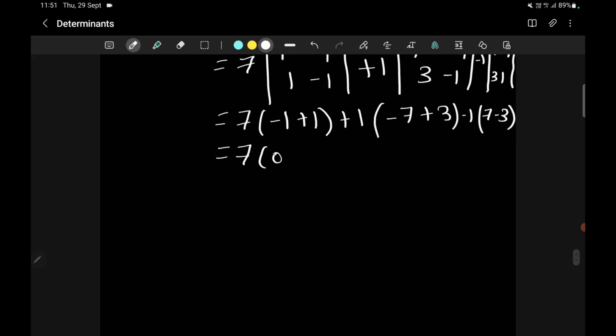This becomes 0. Plus 1. Minus 3. Minus 7 plus 3 becomes minus 4. Minus 1, this will become 4. 0. Minus 4 into 1 is minus 4.